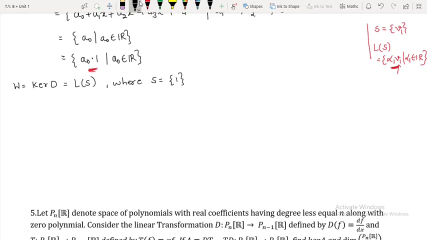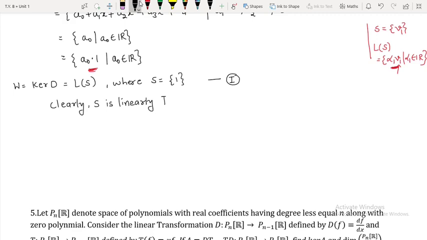Now we found a spanning set of the kernel of D. Now we have to check whether S is linearly independent or not. But we know S is linearly independent, no issues with that, because it contains a single non-zero vector.